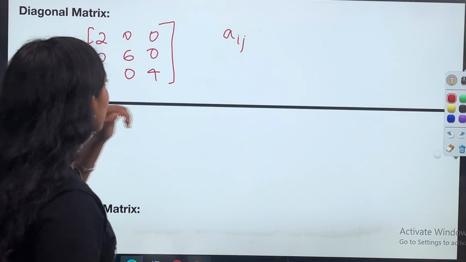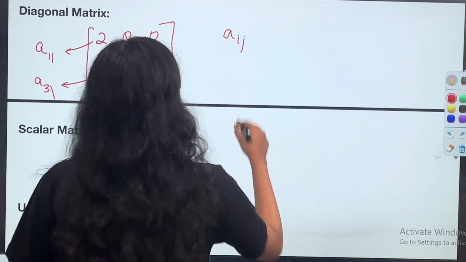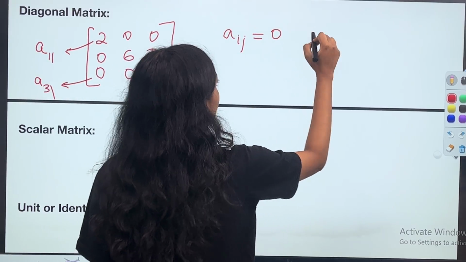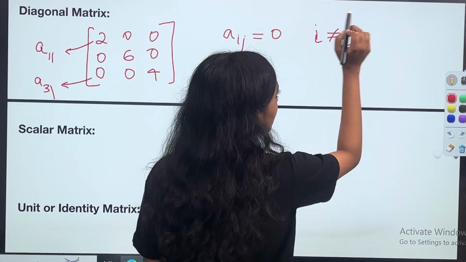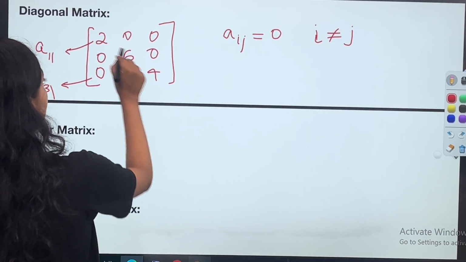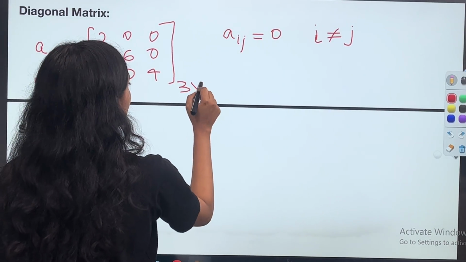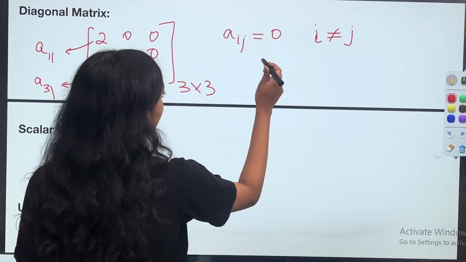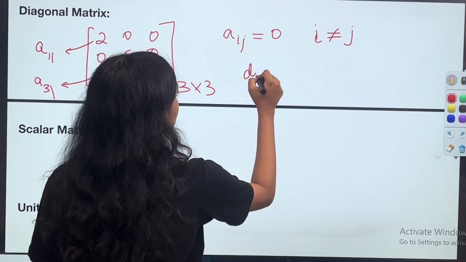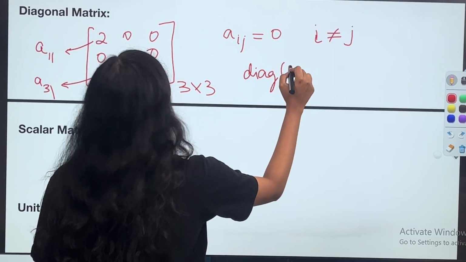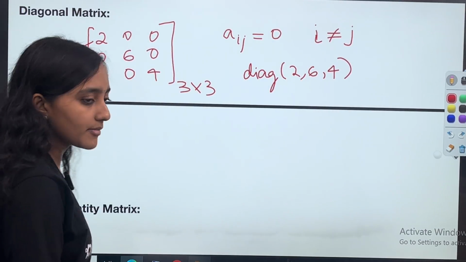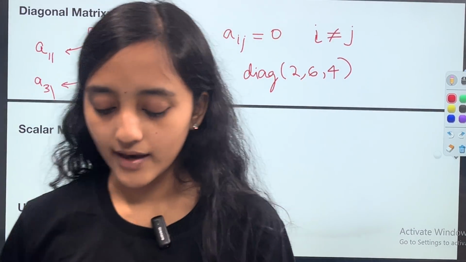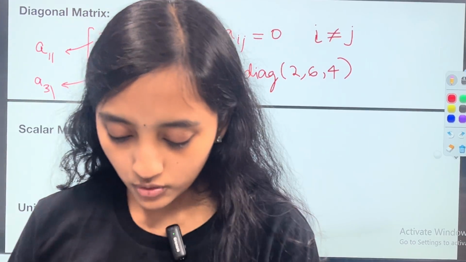So in this particular thing, what happens is that Aij is equal to 0 if i is not equal to j. So this matrix, which is a 3 into 3 matrix, can actually be denoted as diagonal 2, 6, 4. Okay, so this is known as a diagonal matrix. You may or may not be asked this directly, but it's always good to know.